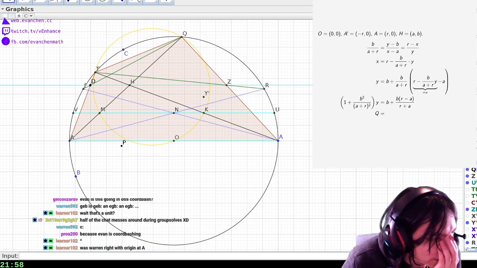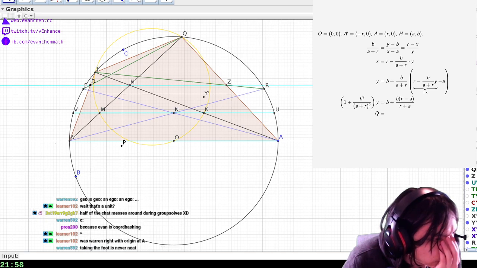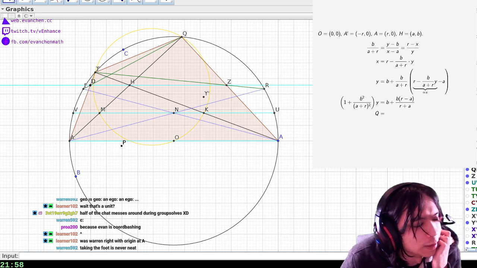This is actually really high degree. Okay. Taking the foot is never neat. Okay, good to know. Let's see.